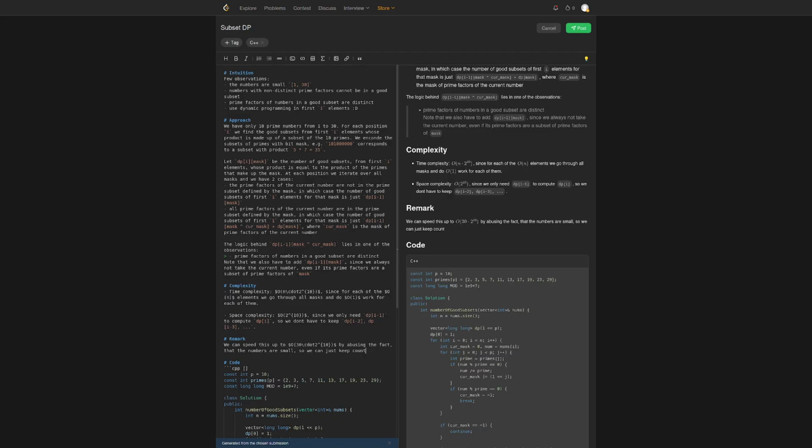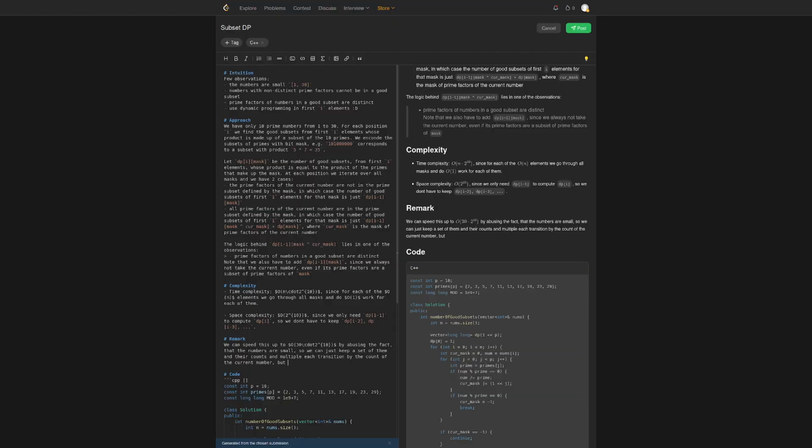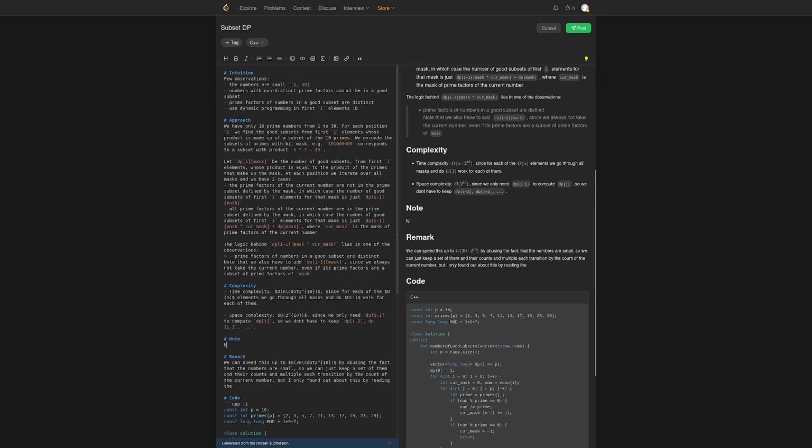We can just keep a set of them and their counts and multiply each transition by the count of the current number, but I only found out about this by reading the remark.